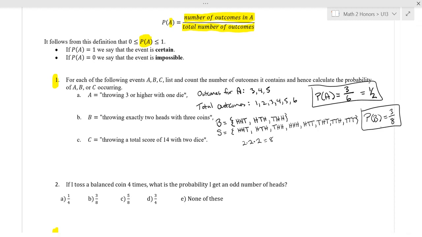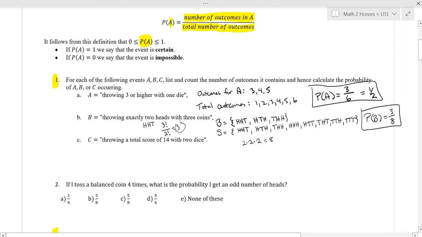Also, there's a way to find how to get 2 heads out of 3 coins. It's like saying how many different words can I make with HHT. What we said in our last lesson was that'd be 3 factorial, but I have a double H, so over 2 factorial, and that ends up being 3.